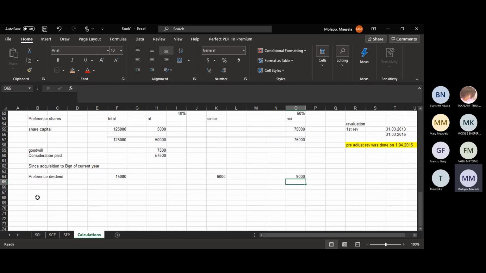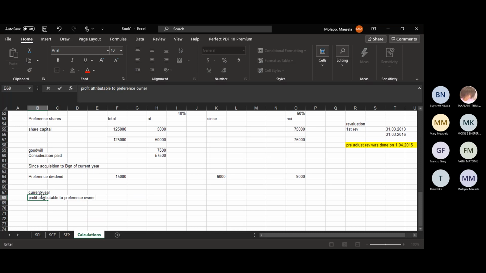Then on the current year, we say profit attributable is based on the preference dividend paid in the current year. So we say profit attributable to preference owner, which will be the 15,000.